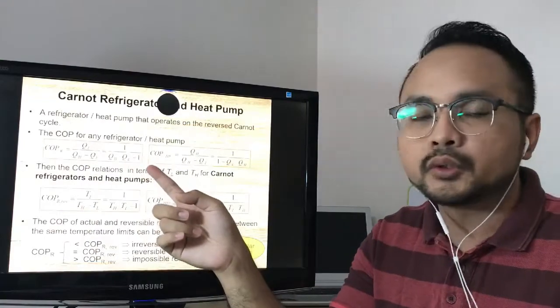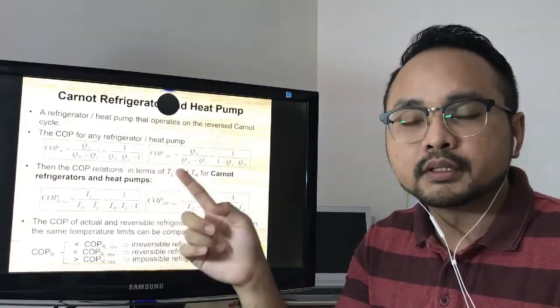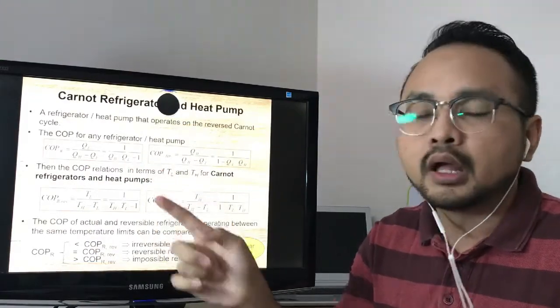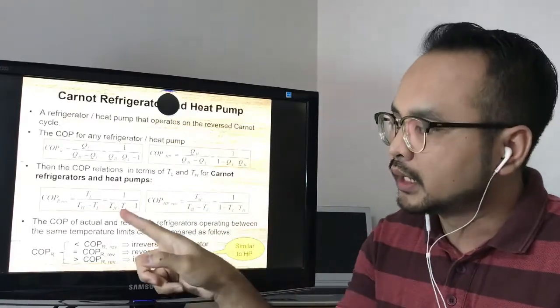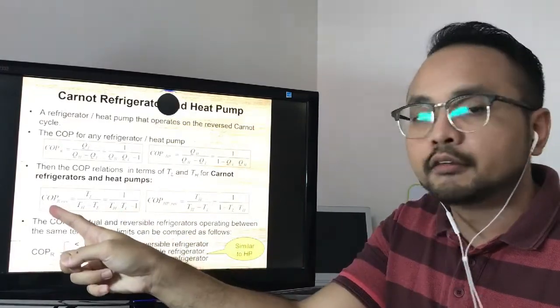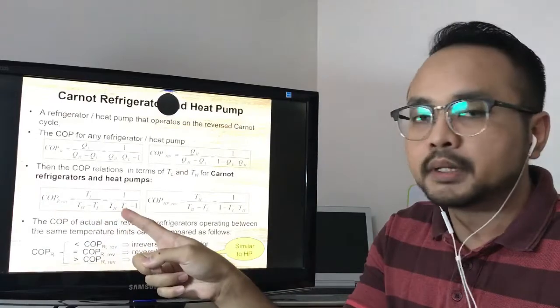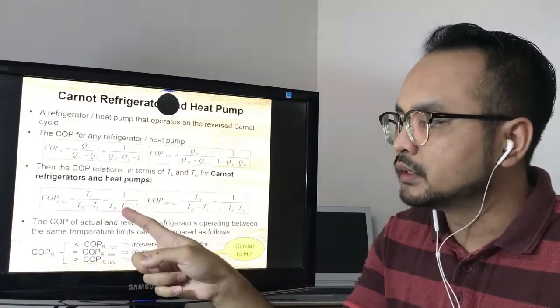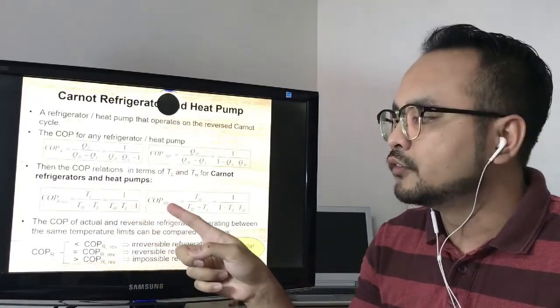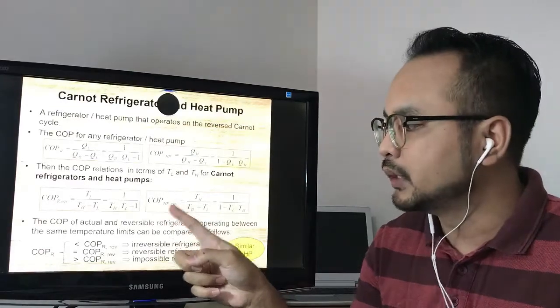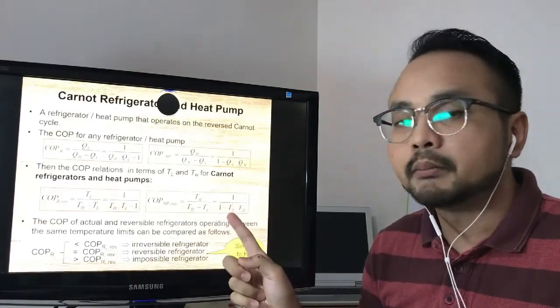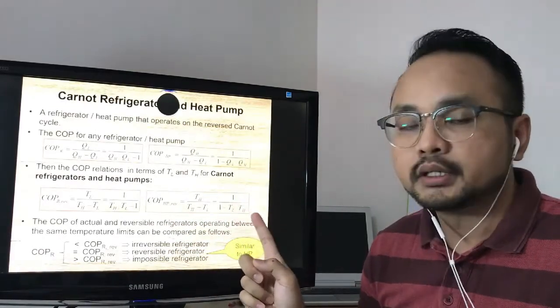So QH and QL can be replaced with TH and TL. So the equation for COP will become like this. The COP of a reversible refrigerator will become 1 over TH over TL minus 1. And for a reversible heat pump, the COP will become 1 over 1 minus TL over TH.